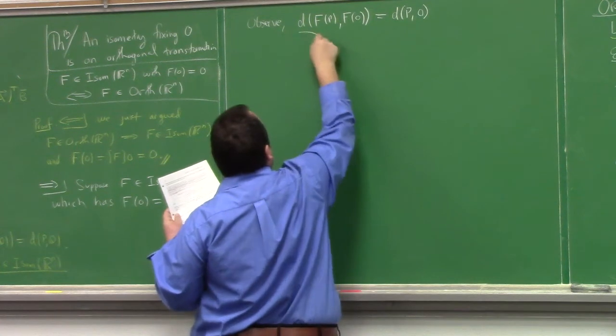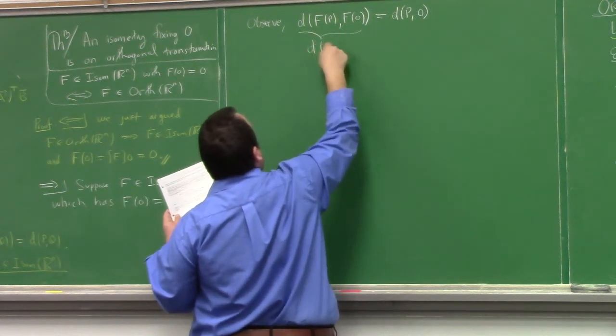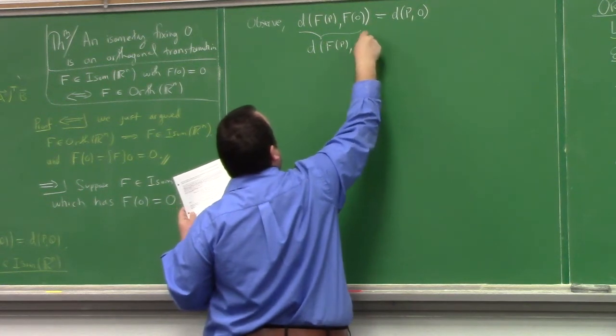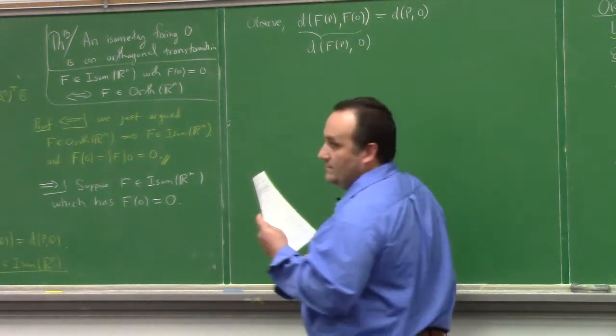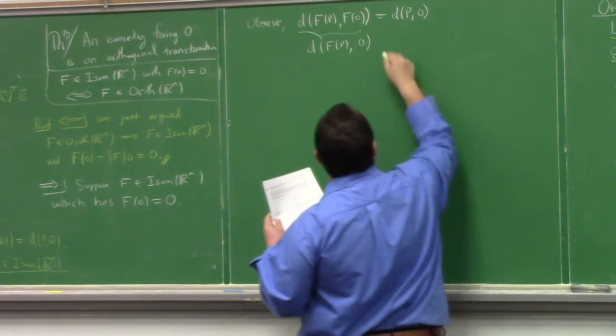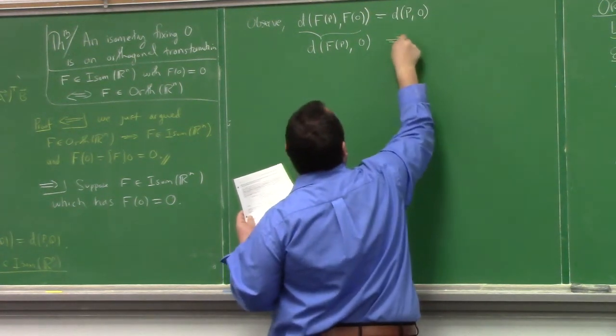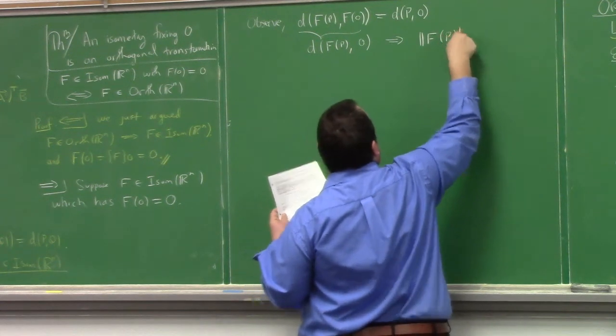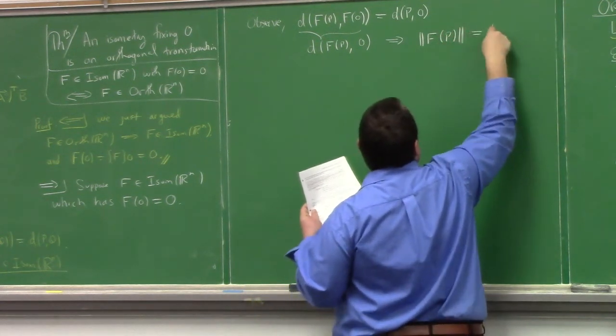But this is also the distance from f of p to 0, because f of 0 is 0. So we get that the norm, or the length of f of p, is equal to the length of p.